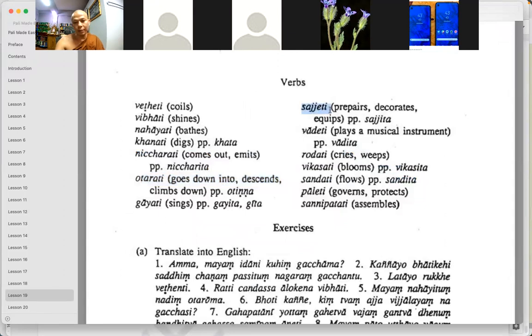So sajjeti, prepare or decorate or equip, sajjeti. So sajjeti, root is saj and sign is A and the D. Okay. And the sajjita. And wadedi, root is wad, sign is A because of A up become long. So wadedi, wadita. And then rodeti, cries or weeps, rodeti.